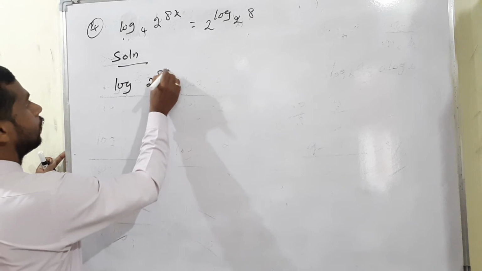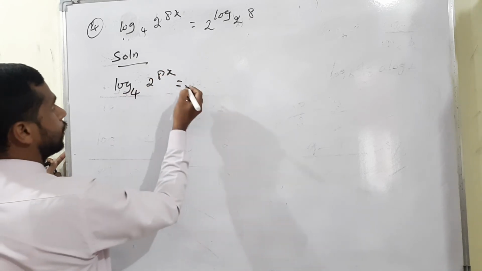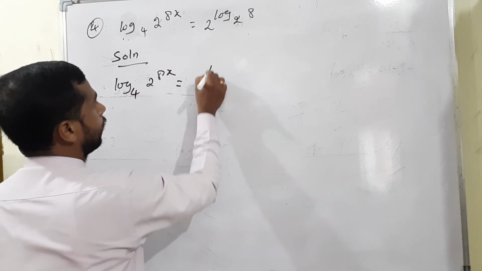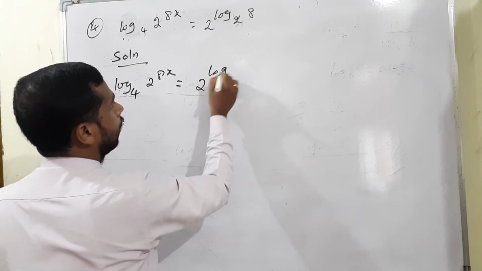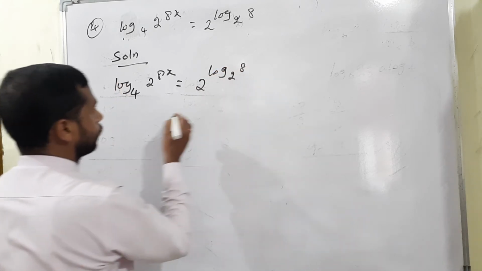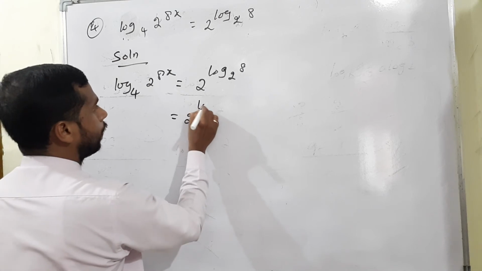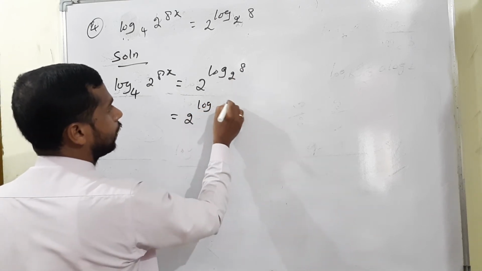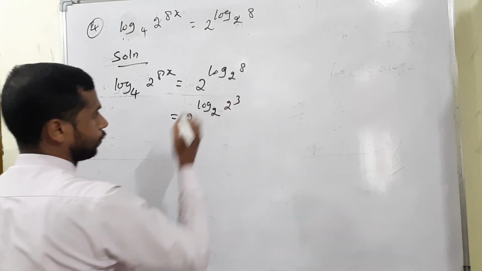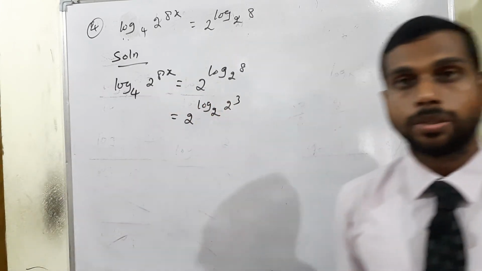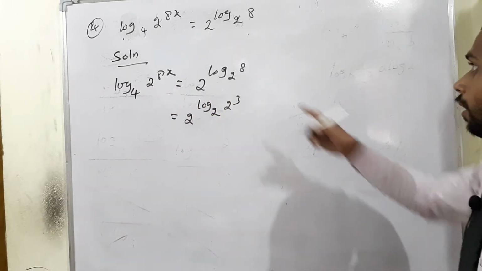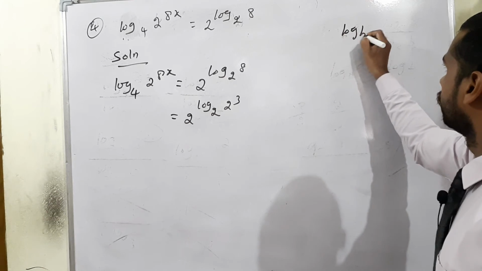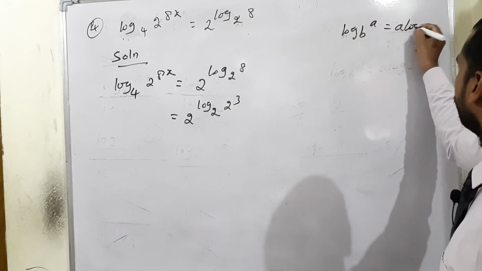2 power log 8 base 2: opposite side, 2 power log 8, we can say 8 is 2 cube, base 2, because 2 power 3 means 2 into 2 into 2, the value will be 8. The power rule: log b power a is equal to a log b.